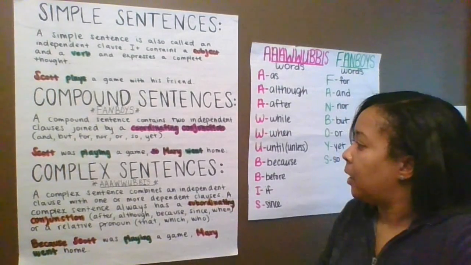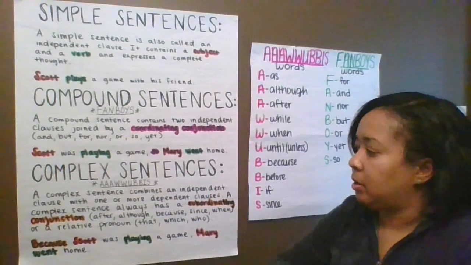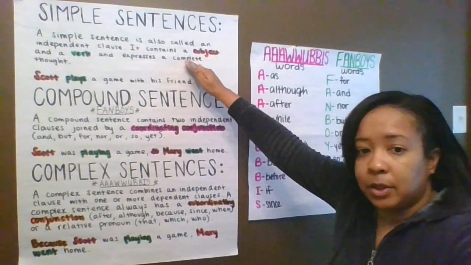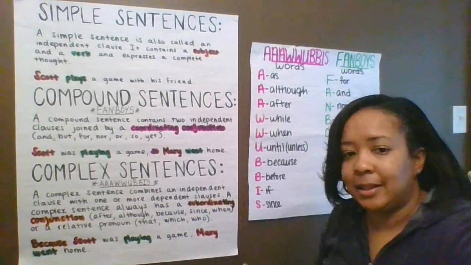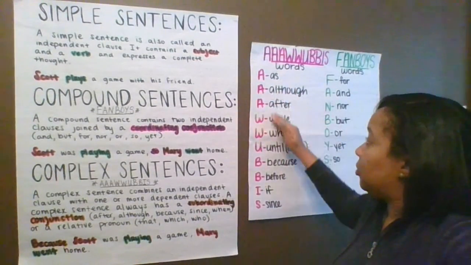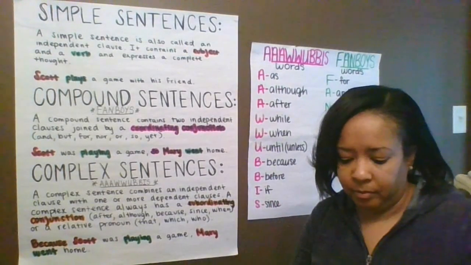Okay, so we talked about independent clause. Remember, an independent clause is just a simple sentence. A dependent clause is a clause that needs help. It starts with an awubis word. So we're going to try a few.